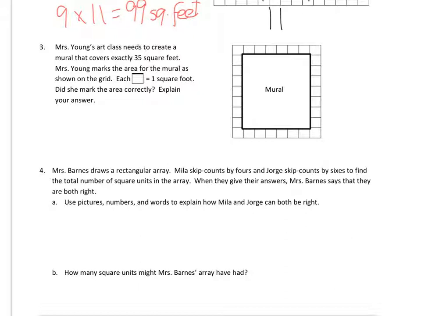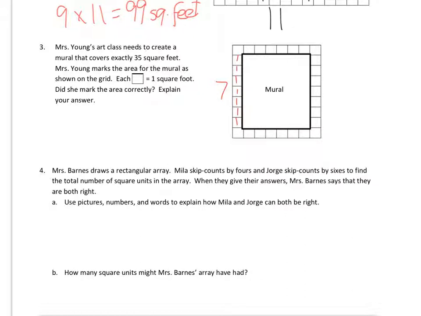Alright, so for this one, we are going to again count on the outside and see how we do. We have 1, 2, 3, 4, 5, 6, 7. So that's that side's square feet or square units.